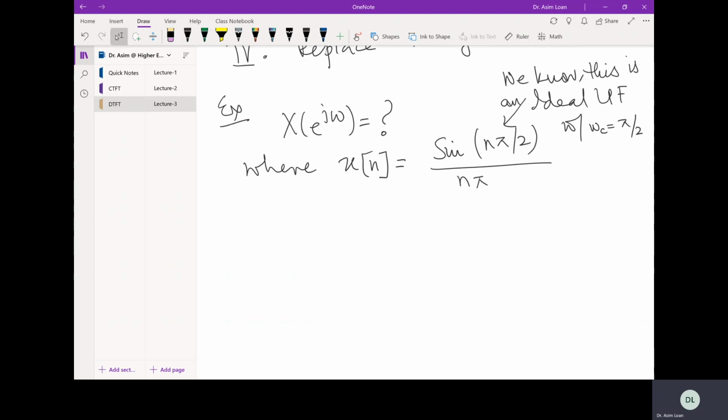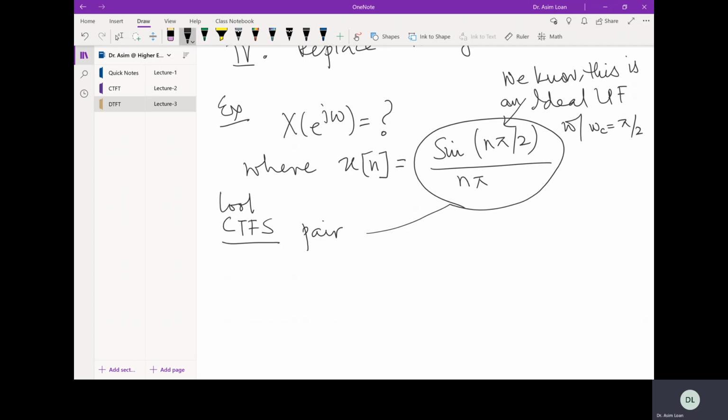So the procedure is, look at the continuous time Fourier series pair. Do we know a continuous time Fourier series pair that has this form? So look for a continuous time Fourier series pair that has this form.